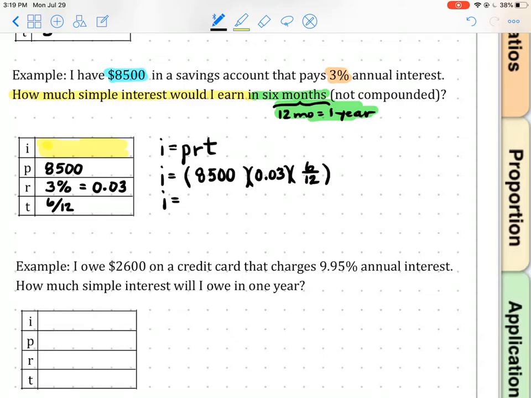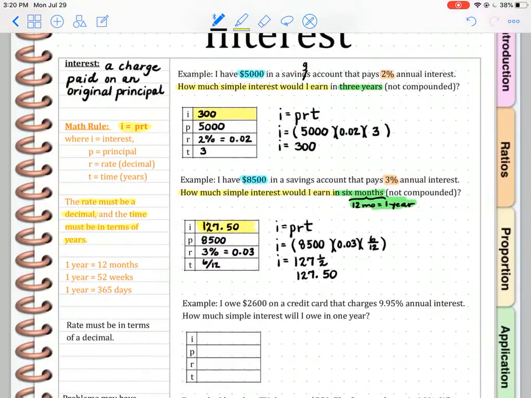So 8,500 times 0.03 times 6/12 equals 127.5. So that's $127.50 in the interest column. Same process. We just have to put in our correct numbers in the correct spaces.